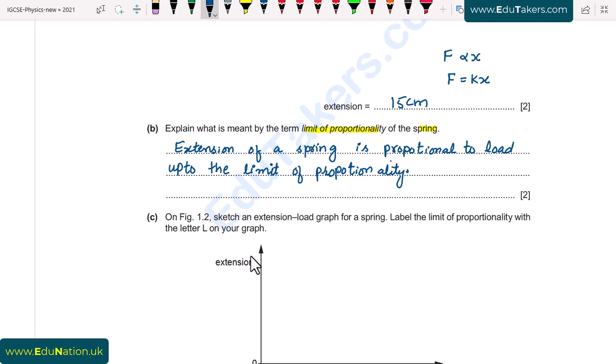After the limit of proportionality, the extension is not proportional to the load.